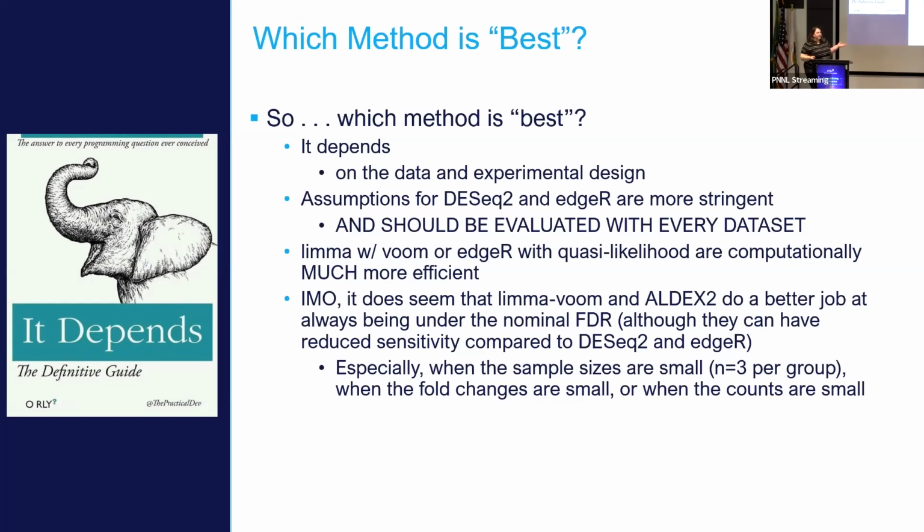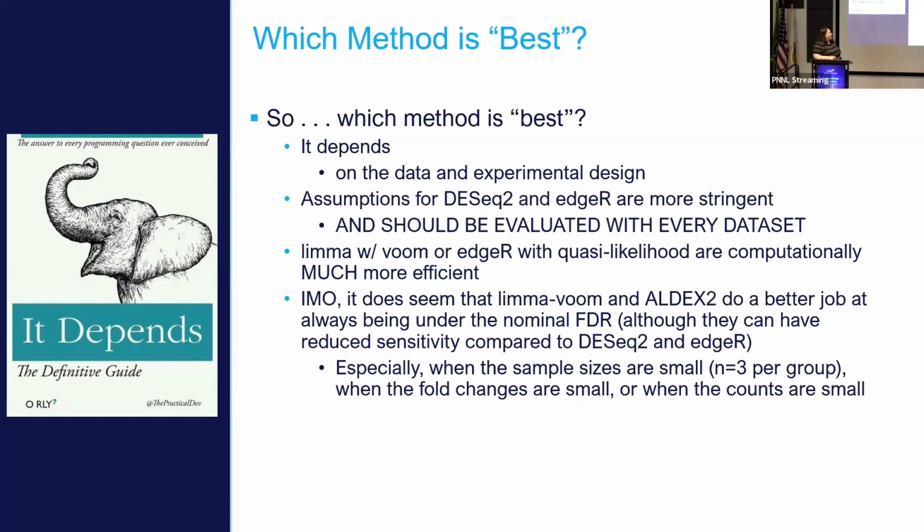So you really have to think about your application. If this is an exploratory study where you just want to know what's potentially interesting, maybe those false discoveries don't really matter as much. But if it's a study where you're really trying to prioritize candidate biomarkers to go study further, you probably want to make sure that the candidate biomarkers you get are actually true candidates before you spend more money.